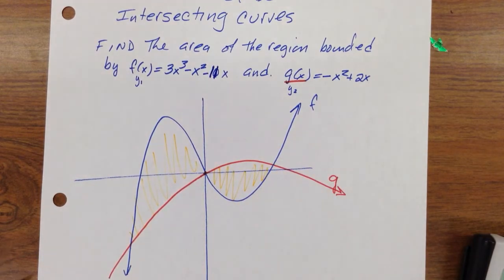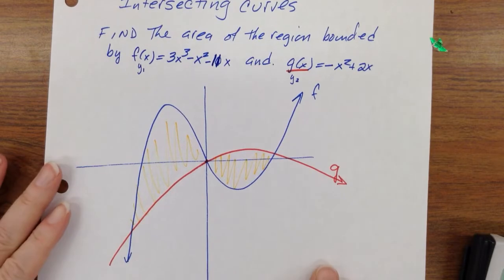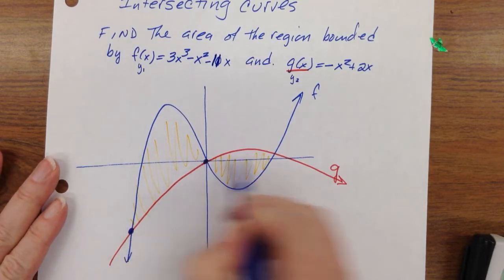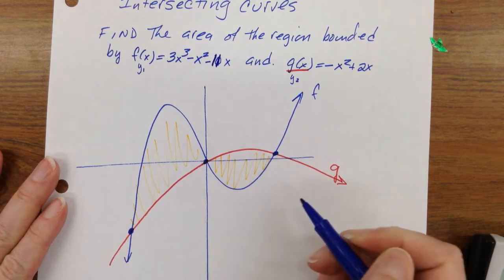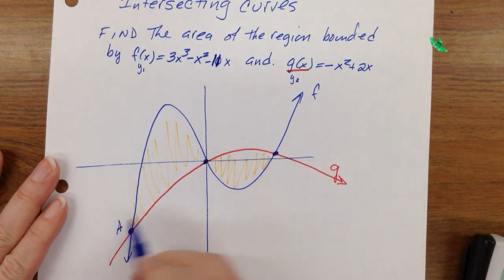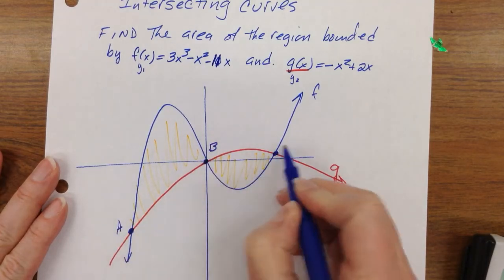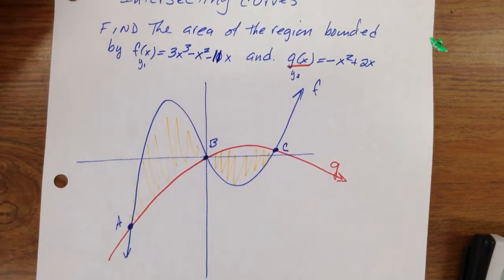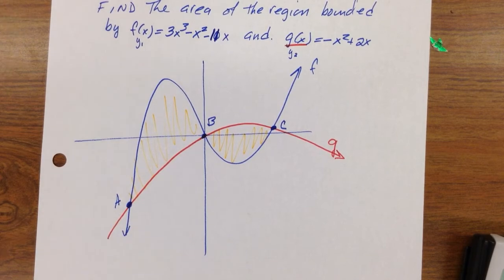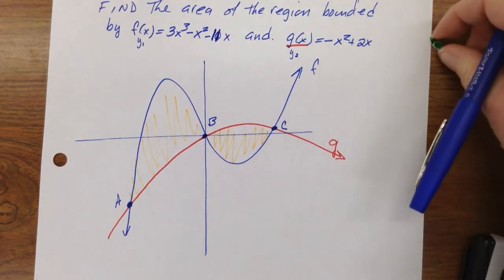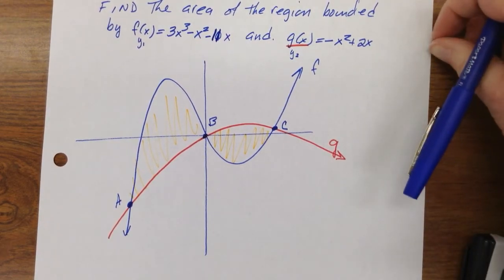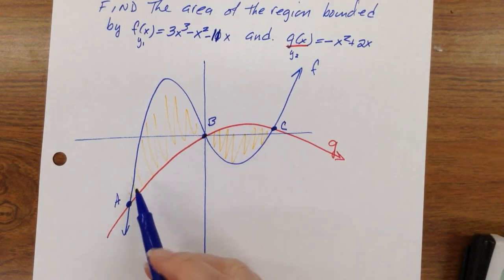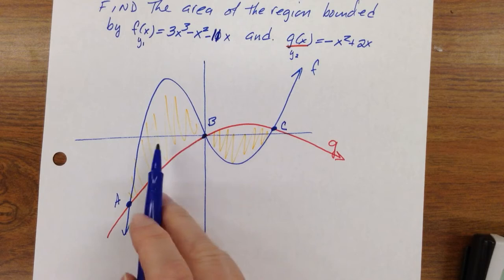All right, so here's the idea. We have 3 points of intersection. Here, there, and there. I'm going to refer to them as A, B, and C, A being the x coordinate at A, B being the x coordinate of B, C being the x coordinate at C. So what we're going to end up doing is doing these two parts separately.